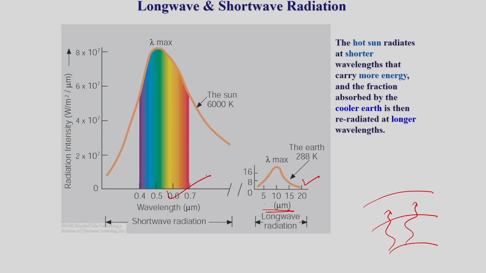This is at 6000 Kelvin from the sun's surface, and this is at the earth's surface, at 288 Kelvin. So the hot sun radiates at shorter wavelengths that carry more energy, and the fraction absorbed by the earth's surface is then radiated at longer wavelengths, as shown in the figure.